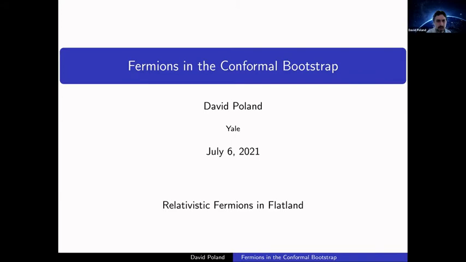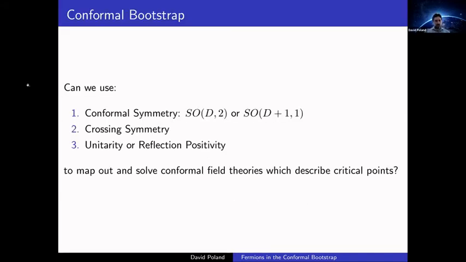Okay, so just a brief summary of what the conformal bootstrap is. The idea is very simple. The idea is really just to make maximal use of symmetry, in order to try to learn something about conformal field theories.